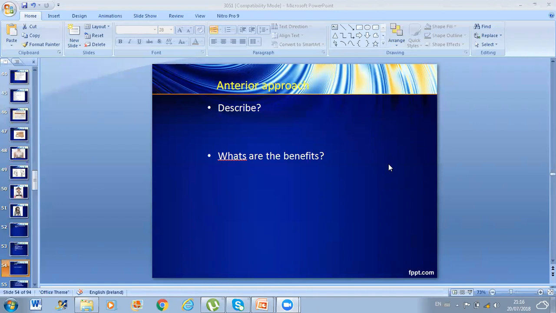Then you identify the anterior border of sternocleidomastoid and retract it laterally. Then you find the strap muscles and retract them medially. Then you check the carotid pulsations, retract the carotid sheath laterally, and cut the pretracheal fascia. Then you localize inferior and superior thyroid arteries and tie them off if necessary.